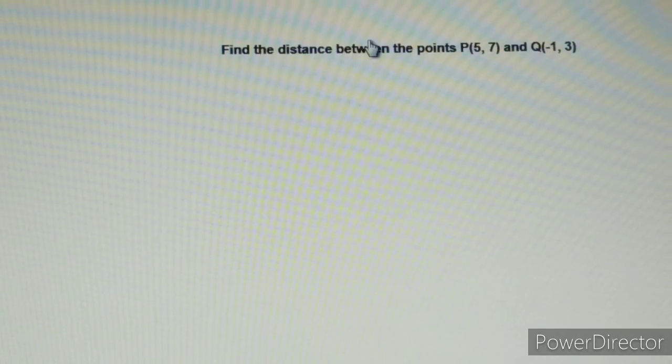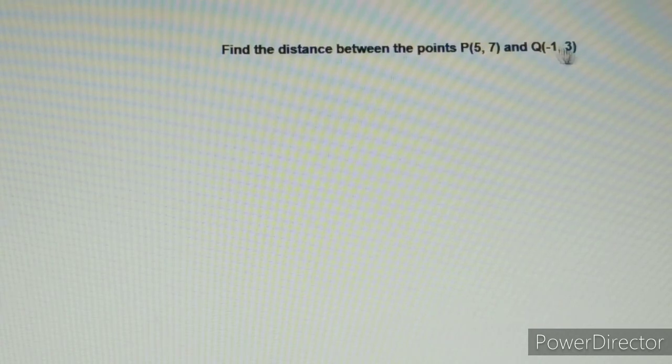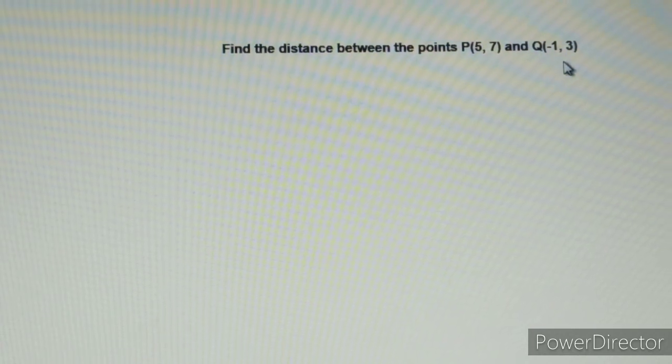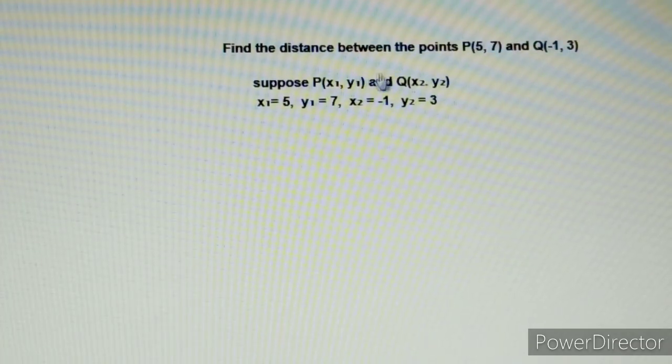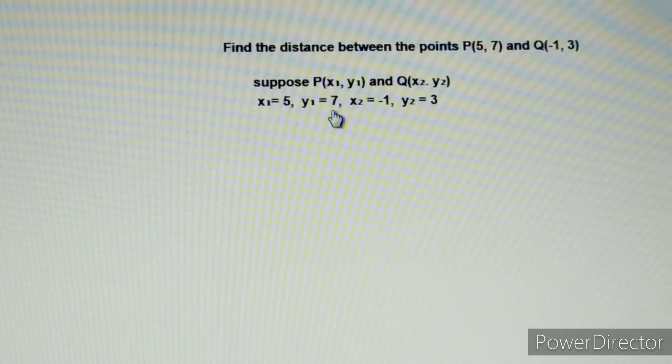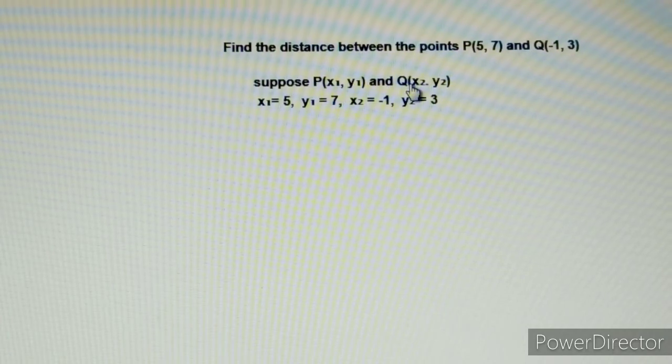Find the distance between the points P(5, 7) and Q(-1, 3). We have been given the coordinates of P and Q. Let us assume that coordinates of P are x1, y1 and coordinates of Q are x2, y2.